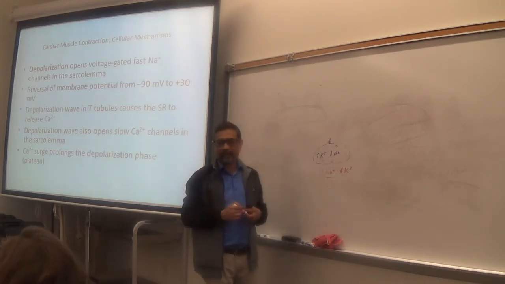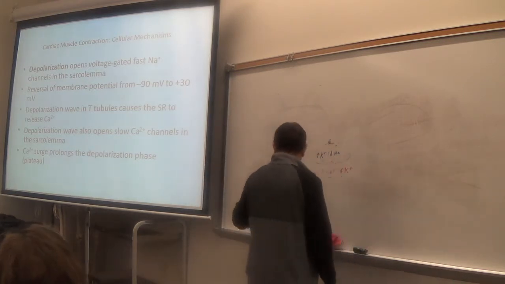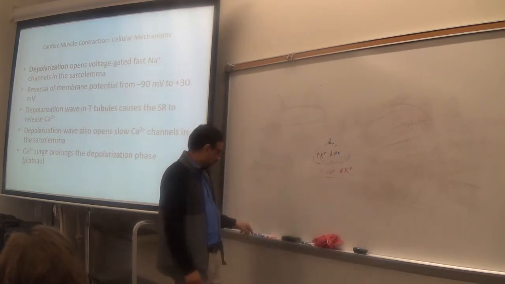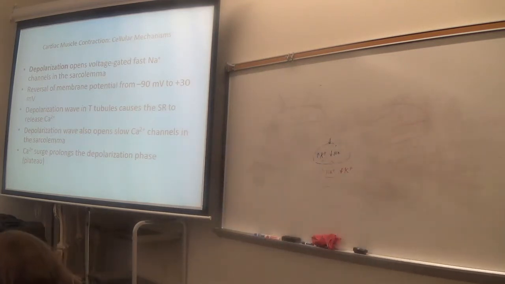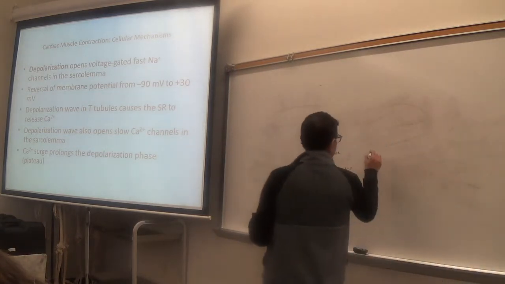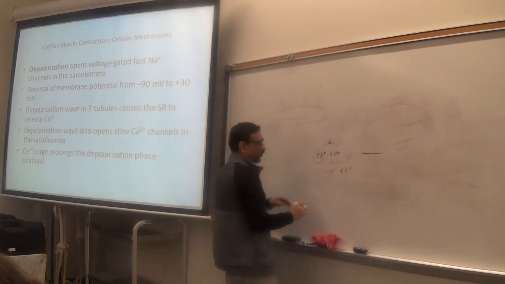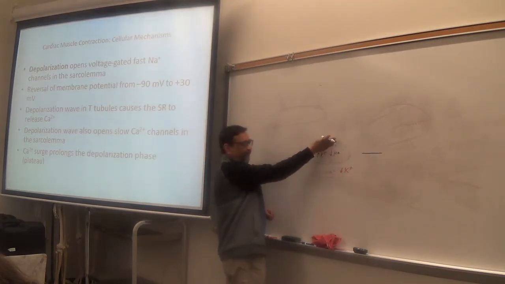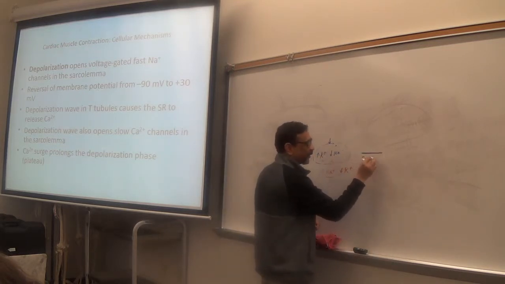Make sense? Very good. So when the signal comes to the heart muscle, it will open the sodium channels, and that will cause the influx of sodium. So sodium will get in. Now, if I want to draw the changes here in the heart muscle, before sodium channels are opened, this is the condition, resting membrane potential.